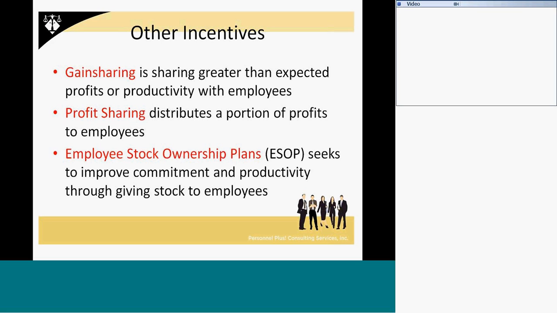So you might give them a share of stock in lieu of $20 or $50 or whatever the value of the stock is, and it's based on the idea that people who are owners are going to be more committed to the success of the organization than people who are just employees. So particularly if you're going to do ESOPs, there's some things you need to do from a tax perspective, including how do you value the stock, because it is considered compensable income in some cases.